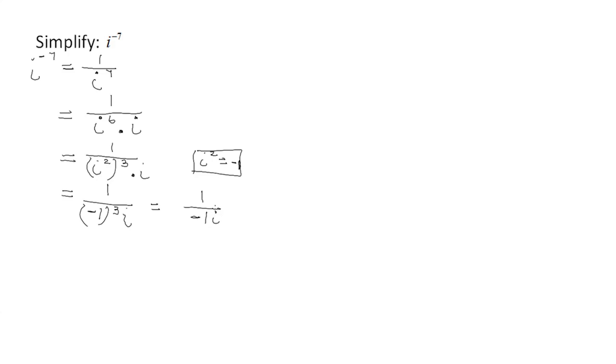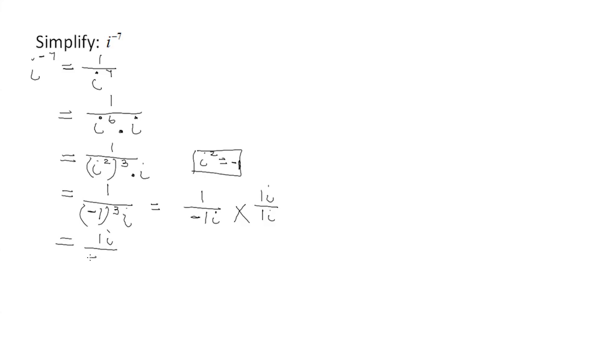-1i. But we don't want the i as part of the denominator, so we're going to multiply with a conjugate. That gives me 1i over 1i. We multiply with a conjugate because we need to get rid of the i as part of the denominator. Multiply your top out, that's going to give you 1i.